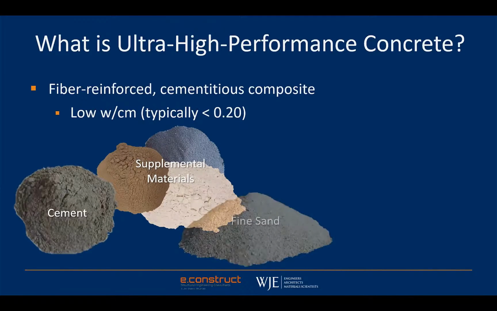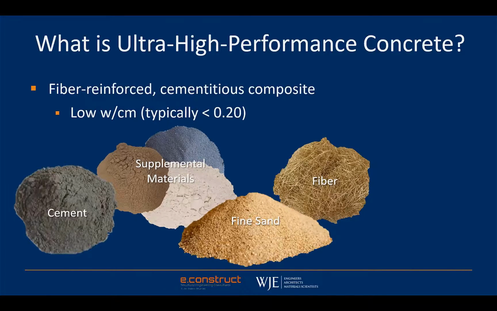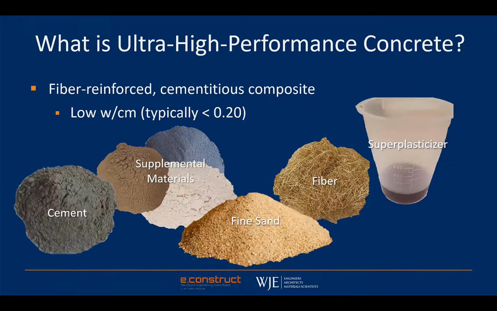We add to that a fine sand, and perhaps most importantly, fibers tailored to this specific application. Certainly superplasticizer is a big part of UHPC, in order to get the really low water cementitious ratios I was just talking about. And then finally, just a little bit of water to make the material flow.